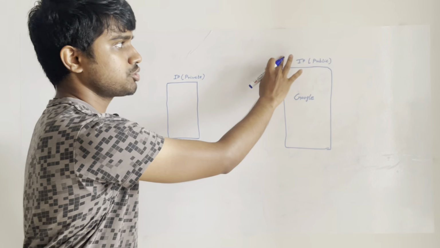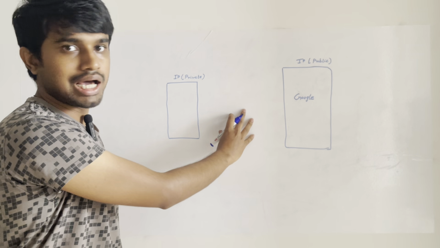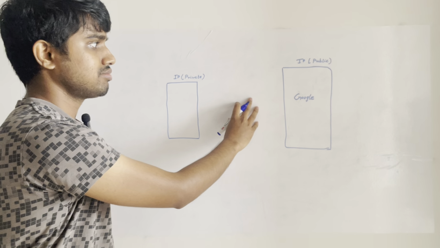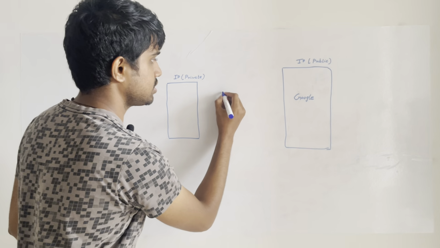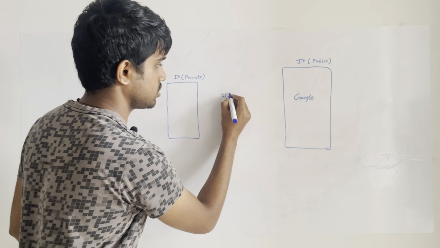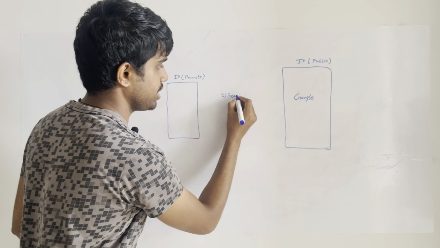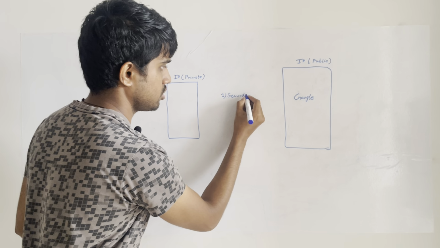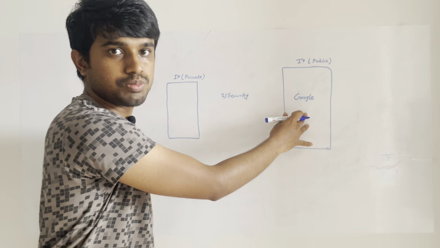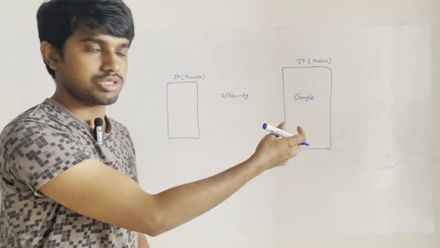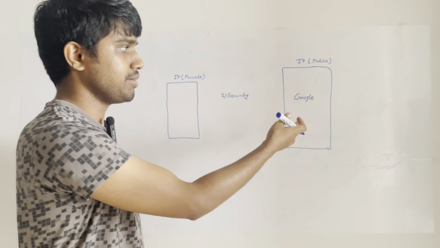So why do we need these two addresses? What is the issue with allocating the same type of addresses to all the computers in the internet? The first issue is security. Here the Google server wants to be exposed in the internet because a lot of users are using it and Google is getting paid for it.